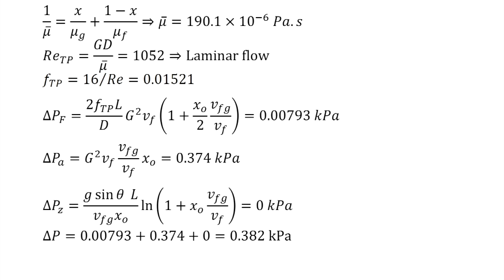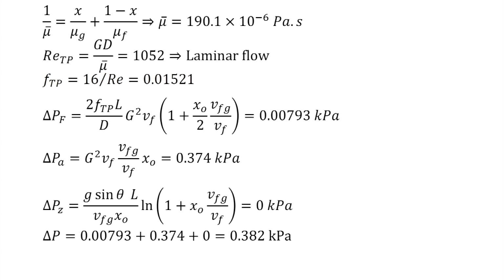So, we use the laminar flow friction factor which is 0.01521 and then substitute in the expression and we get delta Pf equal to 0.00793 kilopascal.